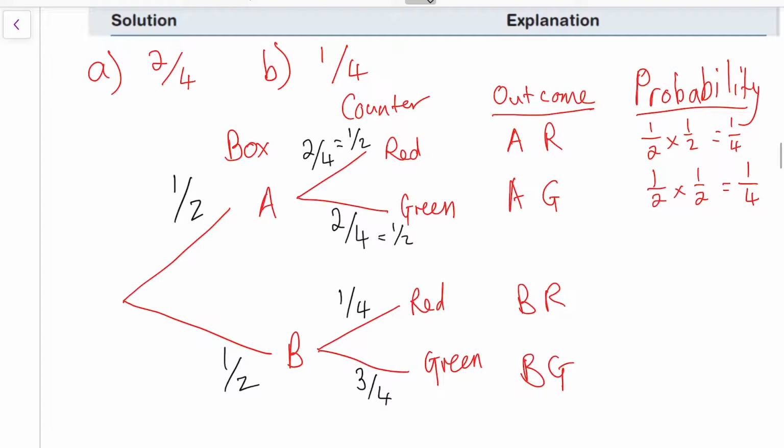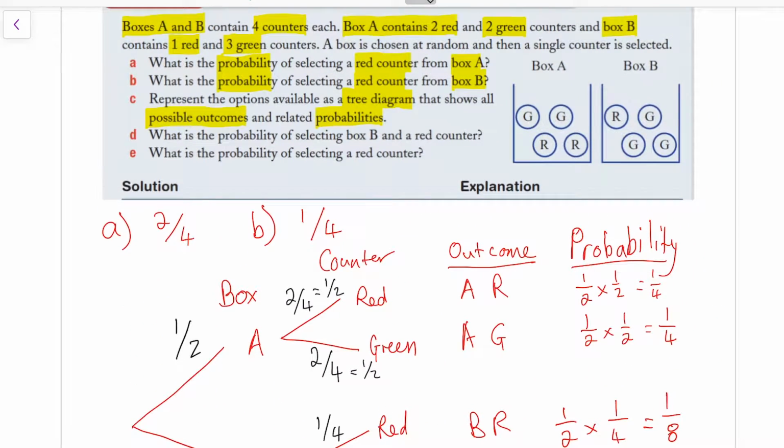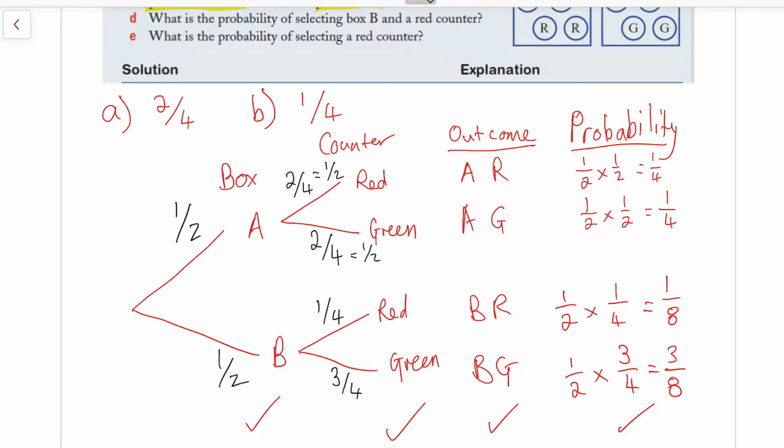Then I move down to box B options, and I've got a half times a quarter, which gets me 1/8, and then I've got a half times 3/4, which gets me 3/8. Fabulous. Give yourself a tick, tick, tick, tick. So that's 4 marks, minus 1 per error. Then we can move on to, so this was C.